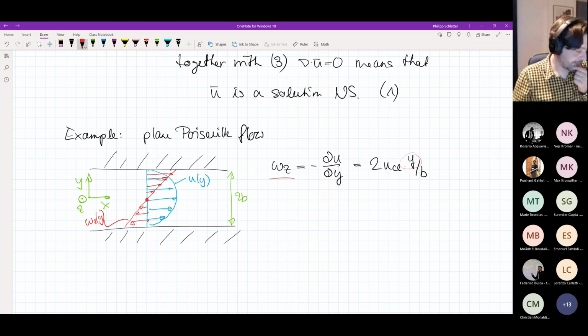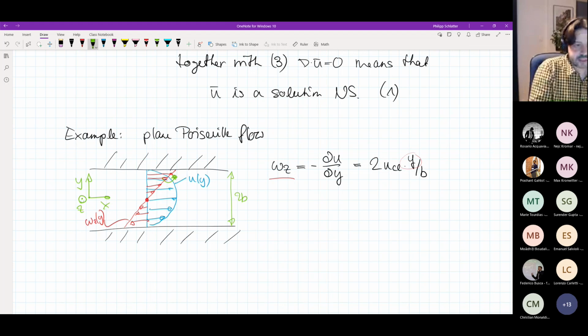Okay, so what does this actually mean? Well, vorticity is the curl of the velocity, and the curl, as the name says, indicates some sort of rotation in the quantities. Now, if we have a positive omega, that would mean that in the upper side, we would essentially have a rotation which would be like this.